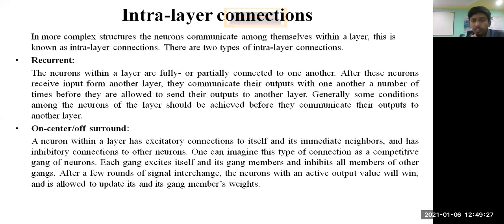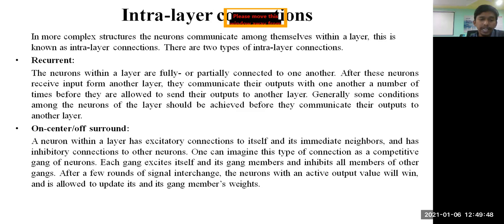Here you will have multiple connections within the layers, where one receives input and another sends the output. So there will be an interconnection between the elements, and because they allow backtracking, it is considered a recurrent network. The next one is on-center or off-center, similar to online and offline connections.